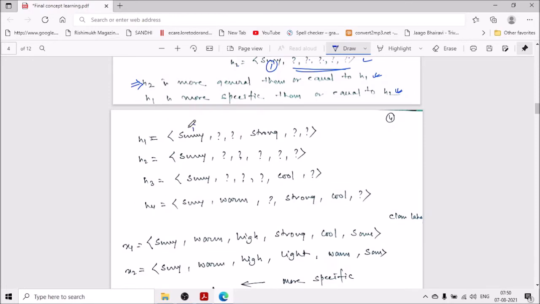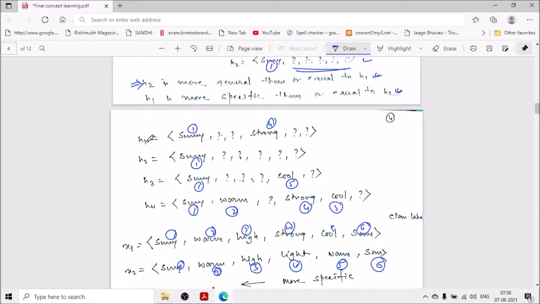We can check the attributes: 1, 2, 3, 4, the fourth one, the fifth one, and the sixth.